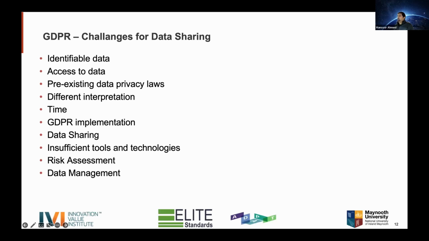And once the information is shared, if for any reason the data gets leaked, what are the risks associated with the data? And finally, how will data management be done when the data is shared across borders?